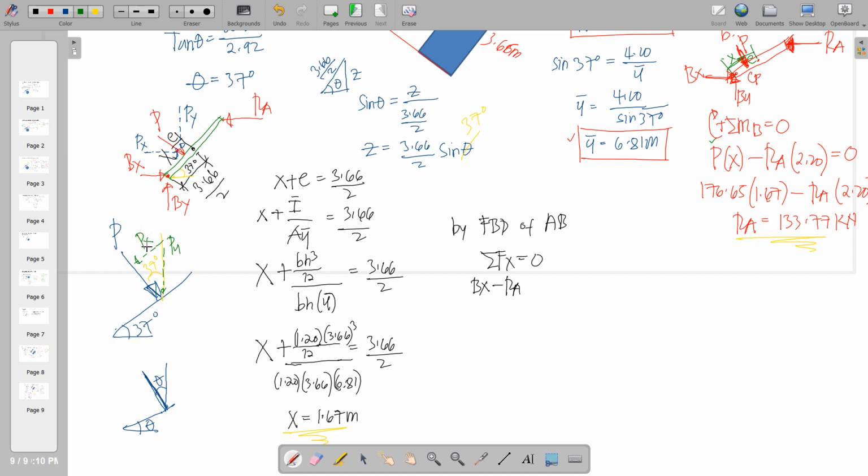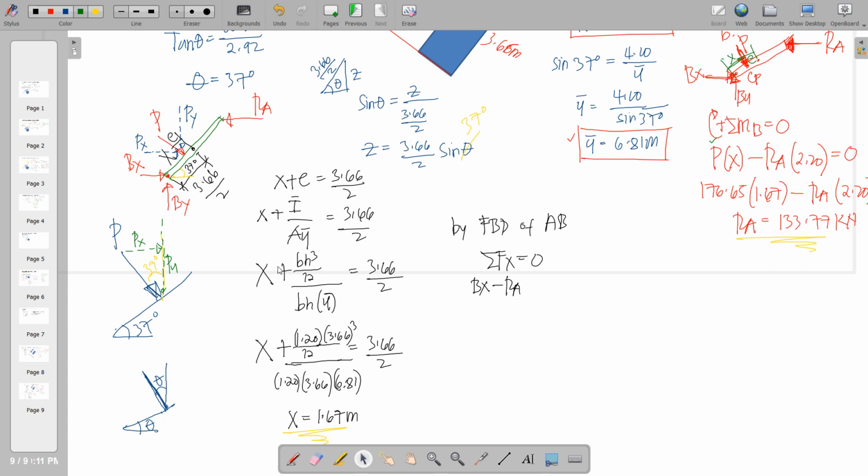So if you notice, Px is opposite the angle, and Py is adjacent to the angle, while the hypotenuse should be P. So we need to fix our drawing here. This should be Px, and this is Py. So again, Px is opposite the angle, Py is adjacent to the angle.